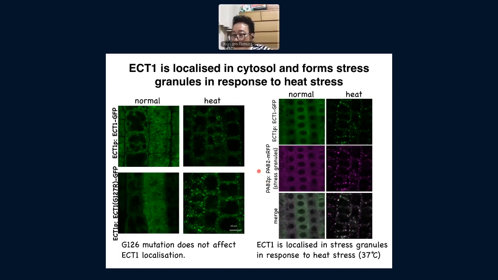Stress granules are known to have various types of translational factors and to control protein translation in response to stress. Although we have no idea how heat stress is involved in ploidy control, ECT1 could be required for stress responses.